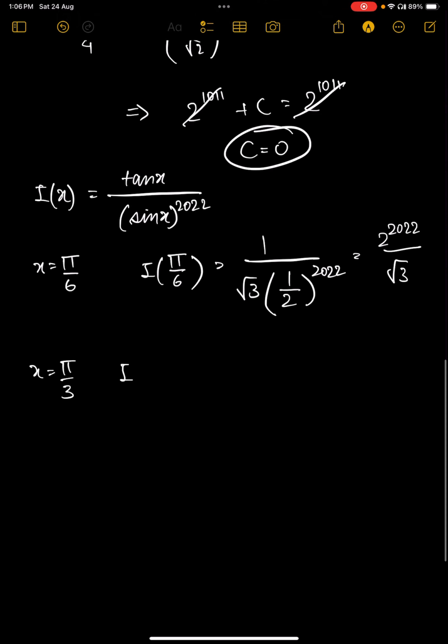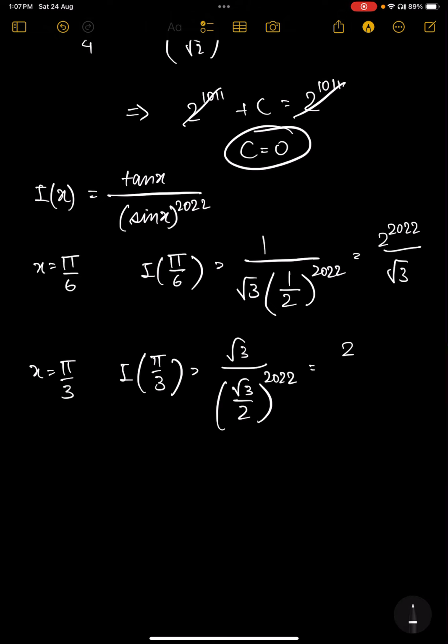If we apply, we see I of pi by 3 is equal to root 3 times 2 to the power 2022 by root 3. And I'm just splitting it up.